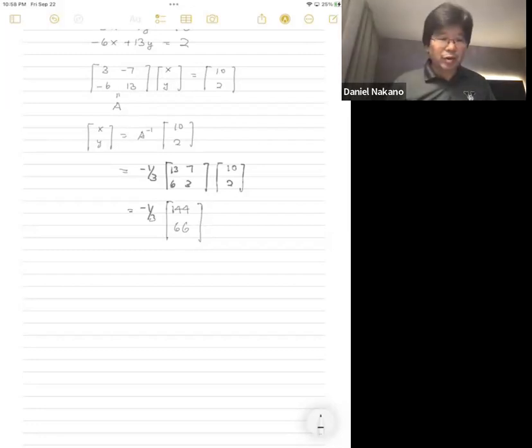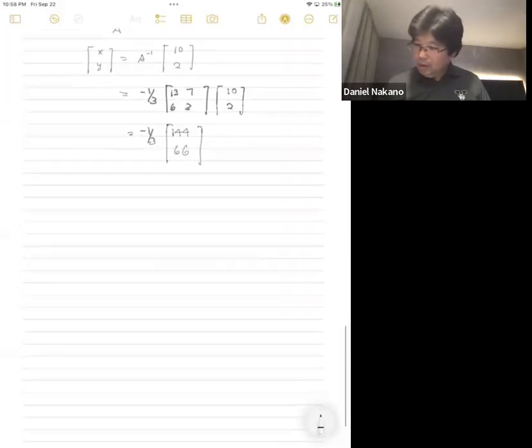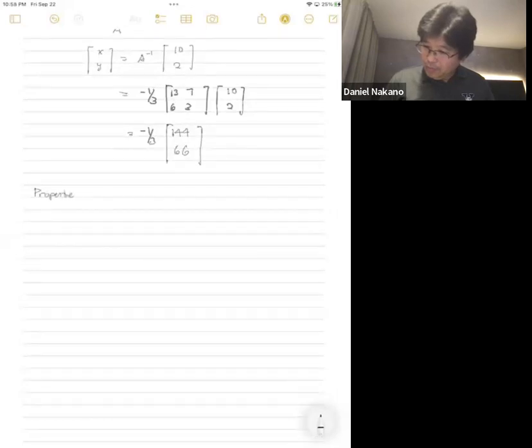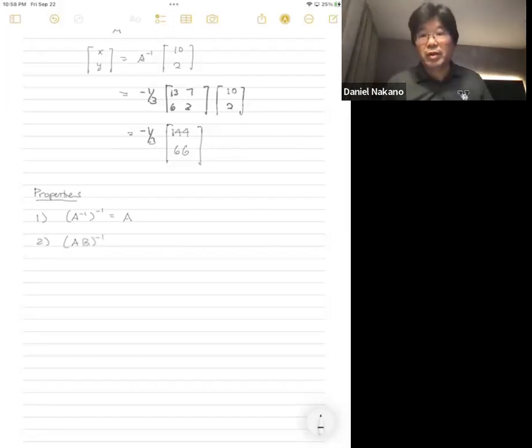So the last thing I want to do is state some properties for you, and then we'll be finished with this session. Okay, so property number 1: if I take A inverse and invert it again, I get back to where I started from. 2, if I take (AB) inverse, so this is like the transpose property, you just have to put the inverses in the opposite order.